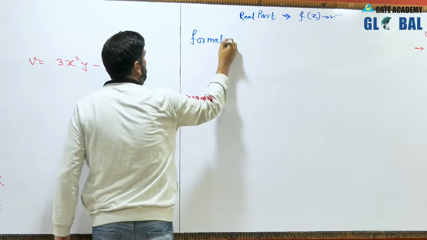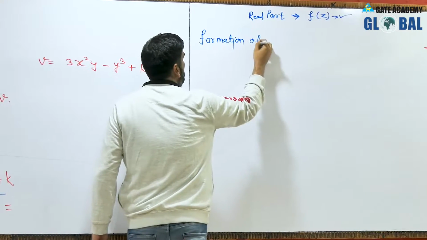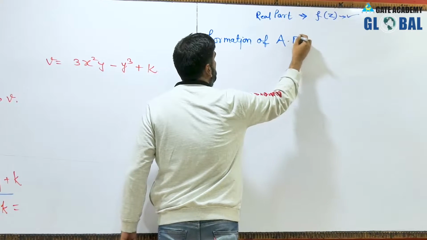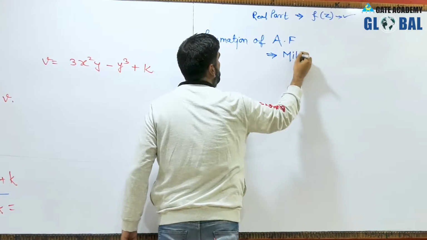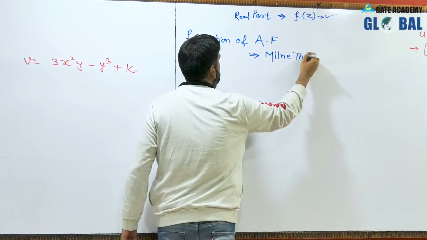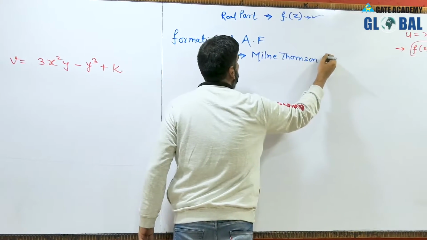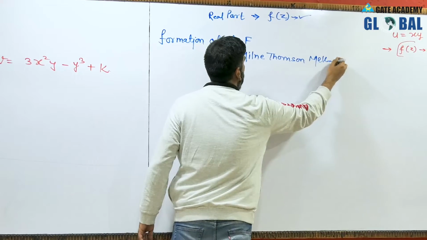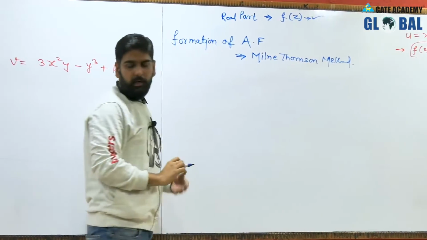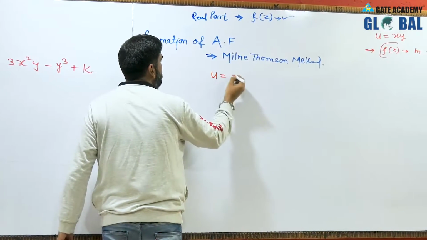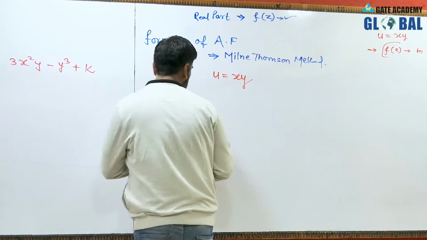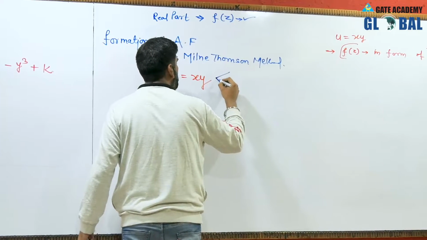I am having formation of analytic function, so it implies the method, and this is nothing but the Milne Thomson method. So let us apply the Milne Thomson method. You are given u is equal to xy. First, we need to have the values of del u by del x and del u by del y.